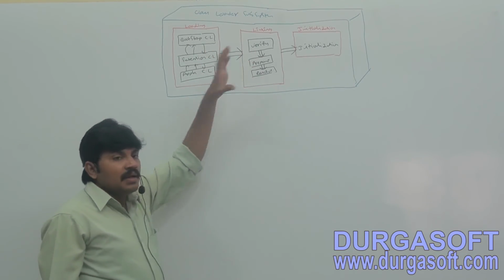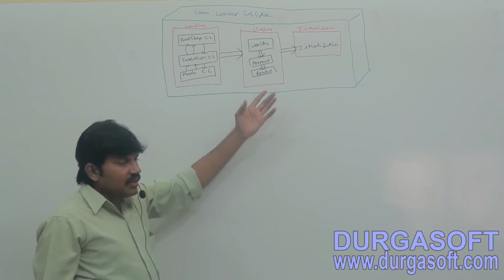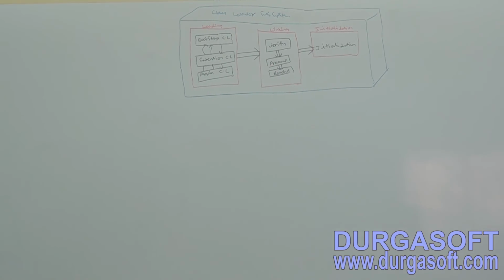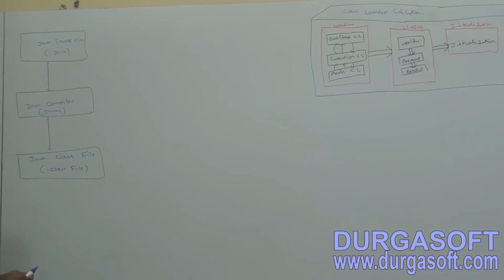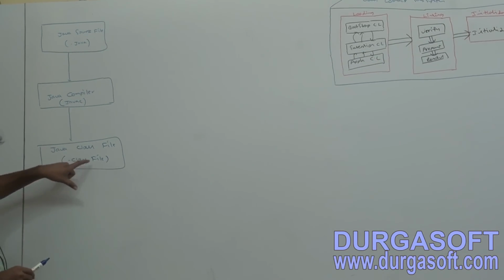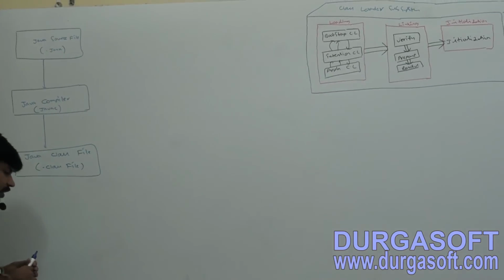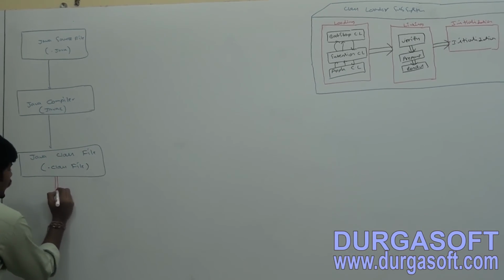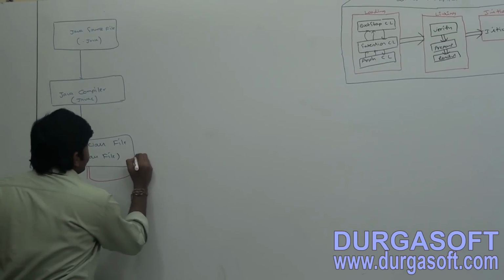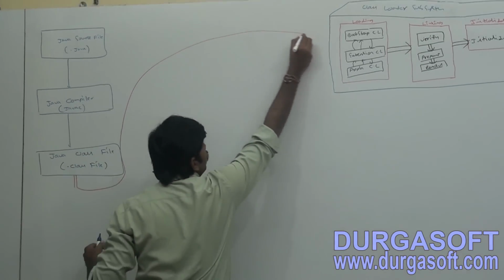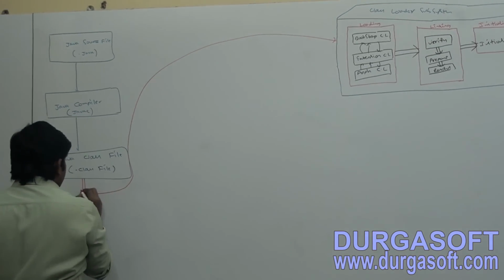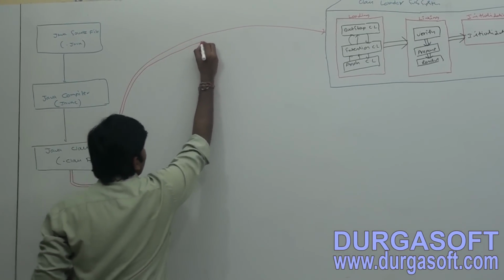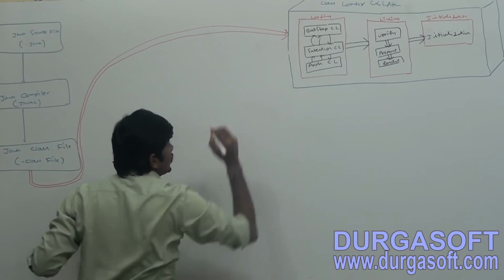After the linking, how many activities are there? Initialization. Do you know which one acts as input for this class loader subsystem? Here the .class file acts as input to the class loader subsystem, right?